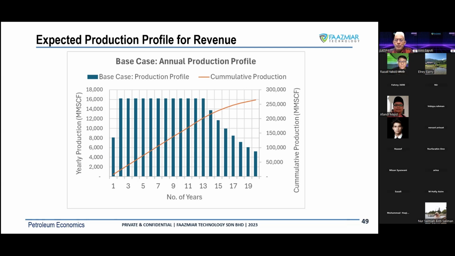So the impact is not that significant, but still there's something. But of course, we have yet to see how they manage it, because if they fix the price offshore at, for example, $50 per barrel, and they can sell at $70 per barrel, it's very unfair. So there's a lot of discussion about whether Petronas can share the distribution cost as well. That's that kind of situation.